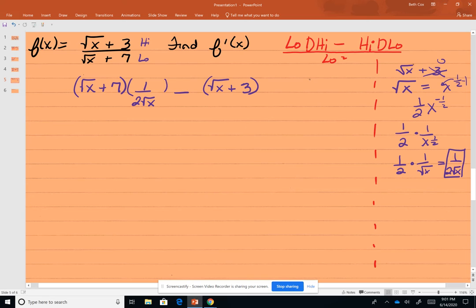Well, the derivative of the low is the same as the derivative of the high because of the constant, so we're looking at 1 over 2 square roots of x. And this is all over low, or the square root of x plus 7, squared.